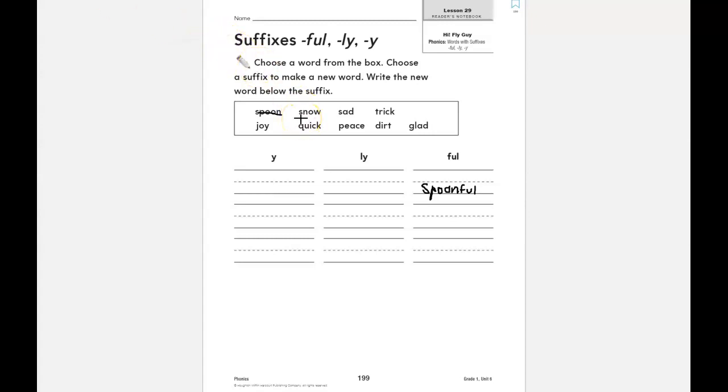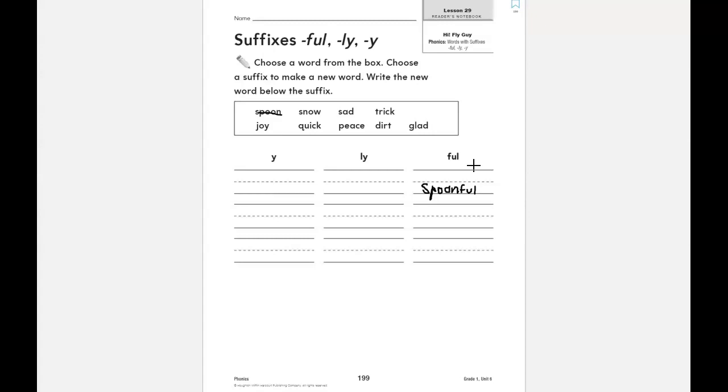Let's look at the next word, snow. Which suffix would you add to the end of snow? E, ly, full. Write the word snow and add the suffix in the blank for where you think the word snow would fit best. E, ly, full.